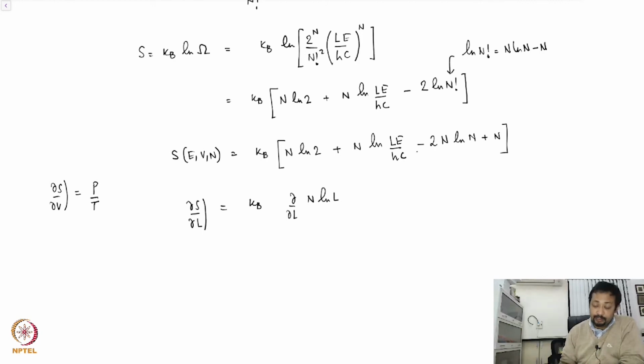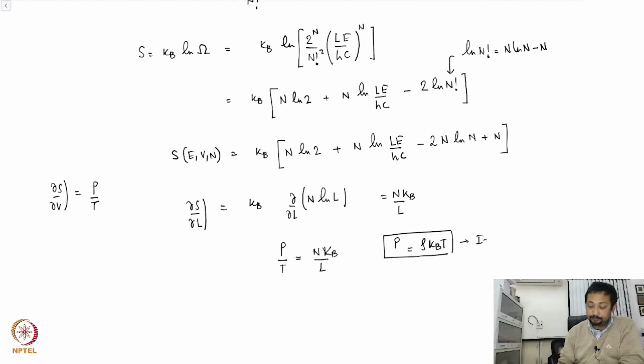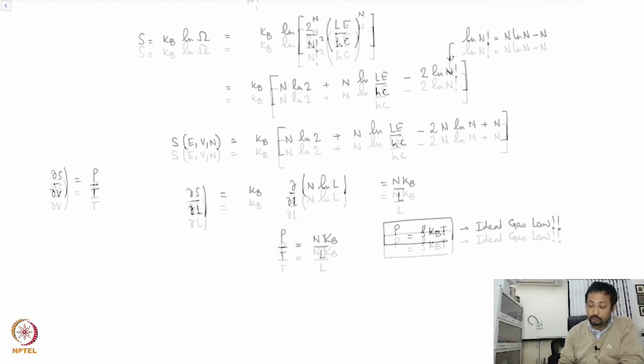The rest of it does not depend on L, so it is not very significant for us. The derivative is 0, so essentially you have n Kb over L, so that the pressure P by T is going to be n Kb over L, and you have the ideal gas law, which is P by T is going to be rho times Kb, or pressure is rho times Kb T. The ideal gas law, you recovered that very nicely.